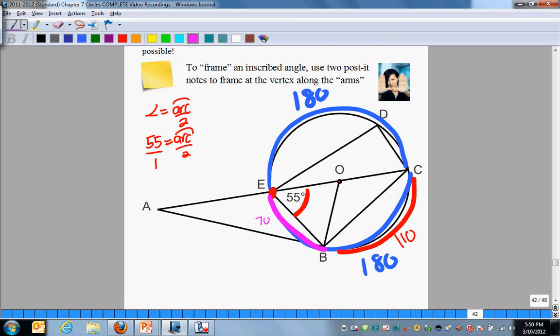Let's see what else we can find. We have an inscribed angle over here. C is inscribed. Vertex on, arms in. That's the definition of an inscribed angle. So I'd like you to frame angle C, please, with your Post-it notes.